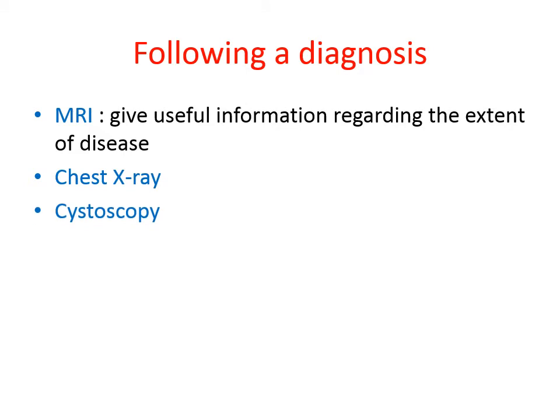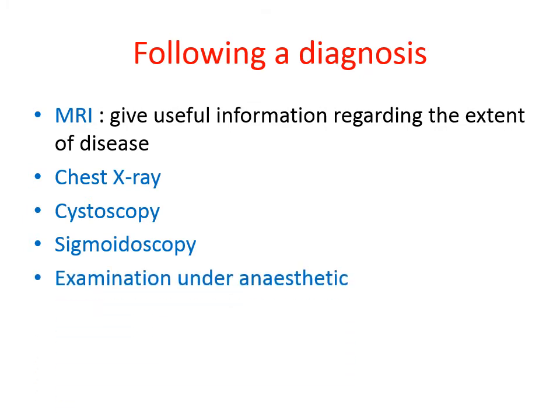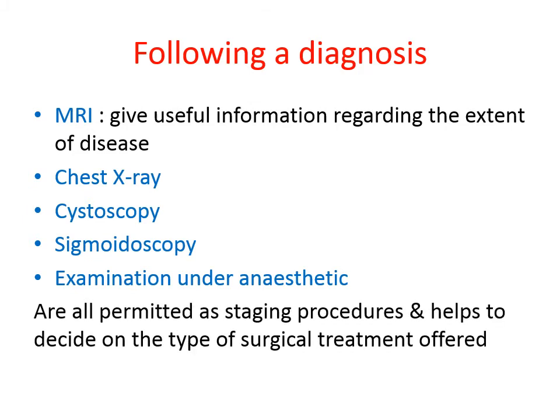As well, cystoscopy should be arranged, which is an endoscopy of the bladder, sigmoidoscopy, which is an endoscopy of the rectum and sigmoid, and of course examination under anesthesia. All of these are staging procedures and will help to decide the type of surgical treatment that should be offered to any individual woman.